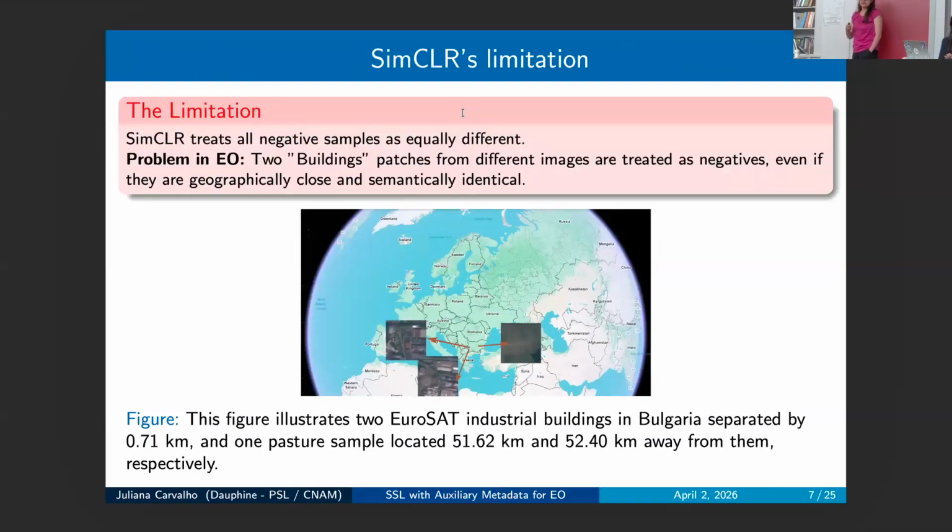But as I said, SimCLR has a limitation, because it treats all the negative images as equally different. For instance, if you have two images that come from almost the same place, and they are not very different, even if they are from the same class, SimCLR would treat them as different as another one from a different class that is far away.